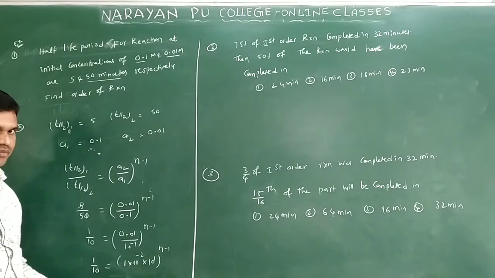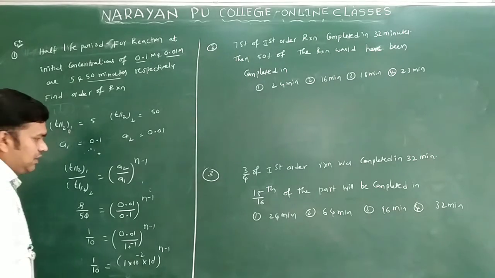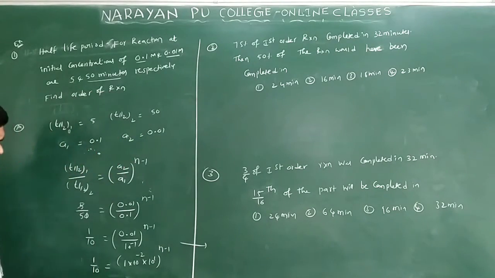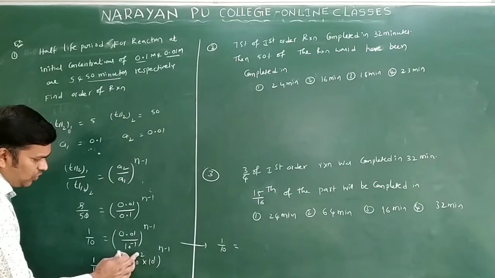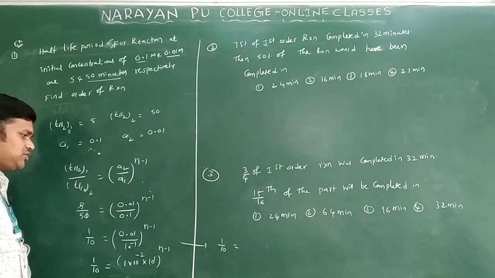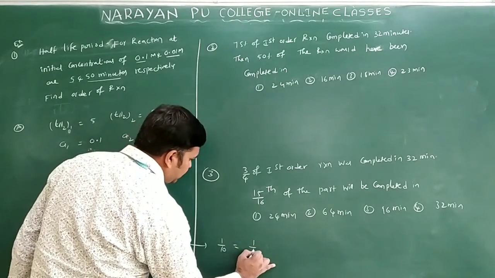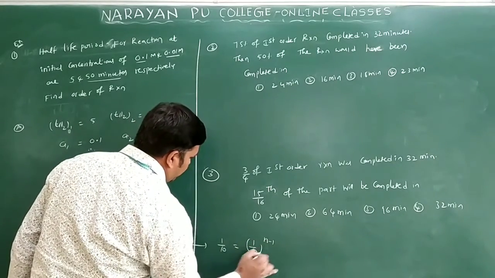I get 10 power minus 1 only. Can I write 10 power minus 1 in the form of 1 by 10? So this is 1 by 10 whole power n minus 1.